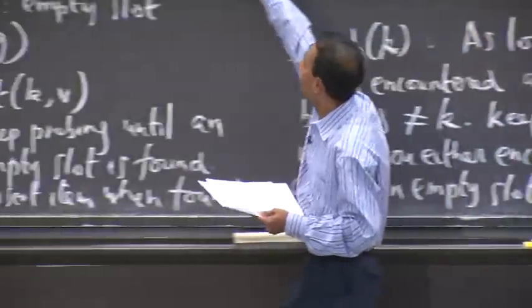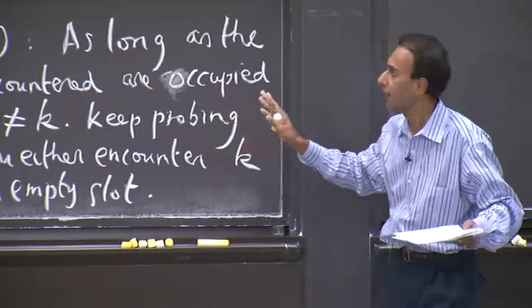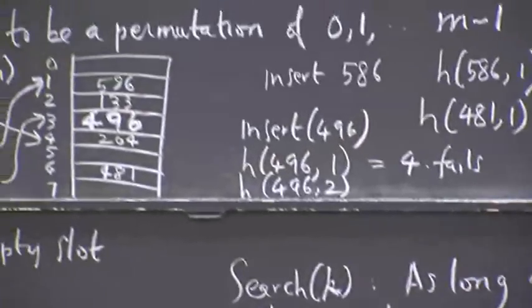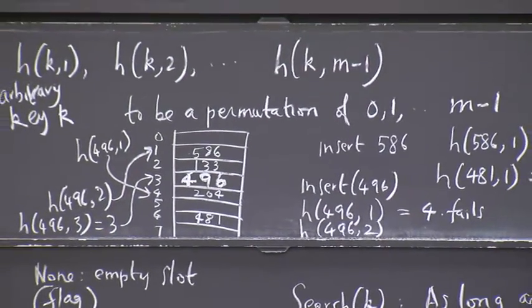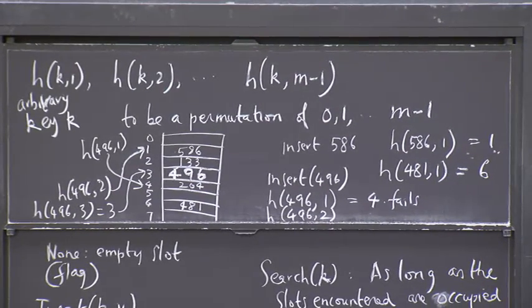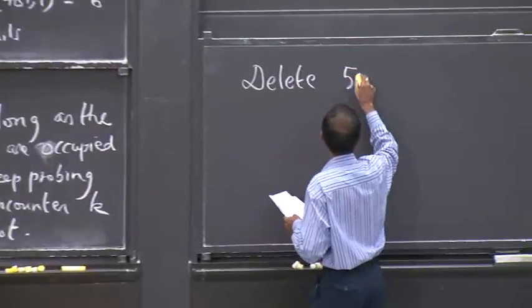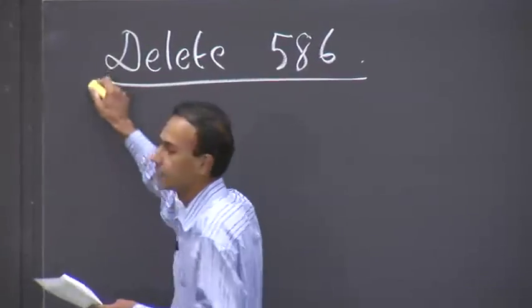Here's the problem, and we can look at it from the standpoint of that example right there. Let's say, for argument's sake, that I'm searching now. I've done all of the inserts that I have up there. So I've inserted 496. Then I delete 586 from the table.